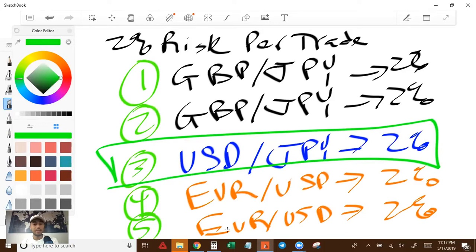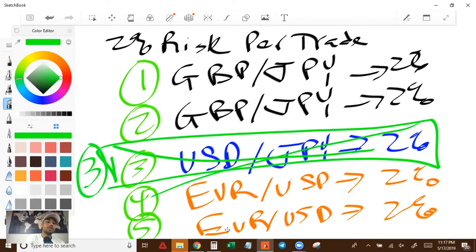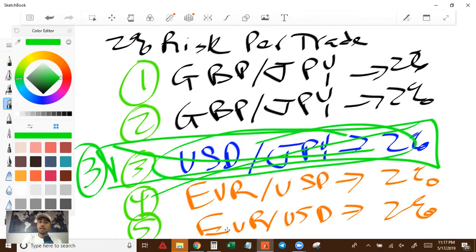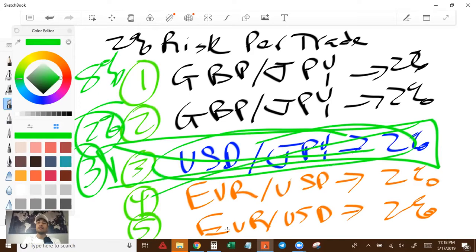With that being the case, this is not risking your account anymore. Your 2% is open, so you have another trade you can get into. You still have 8% taken, but you still have another 2% that you can use, being the fact that this one is open. Does that make sense?